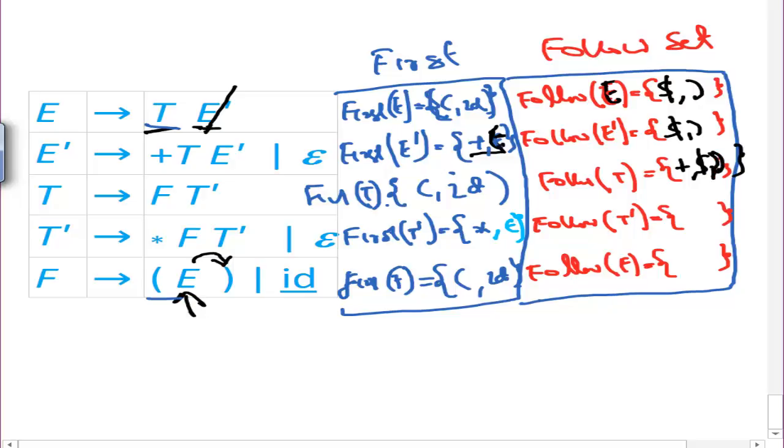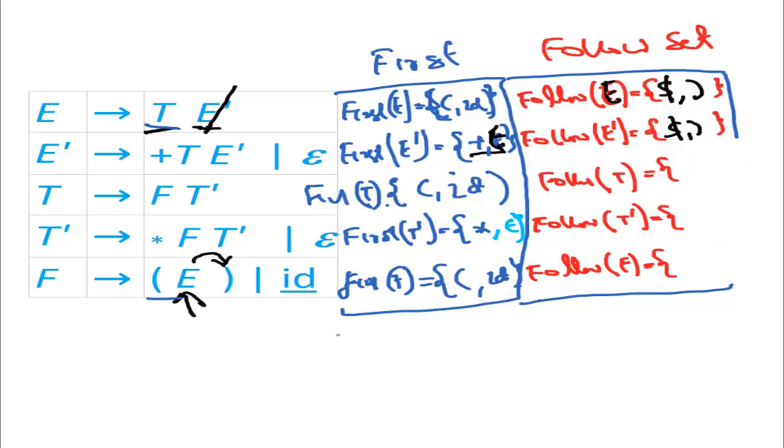It's a little jumbled, so let's take this rule again in a proper way. We are looking at the follow of T. T is here. So it's going to be the first of E prime, because it's the situation with A, alpha, B, and beta, where B lies between, with something after B. So the first of beta is going to be the follow of B. Here we have E prime, so the first of E prime is going to be the follow of T. When we saw E prime, its first is plus and epsilon.